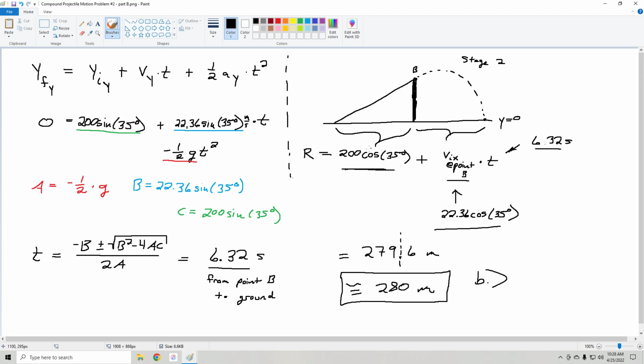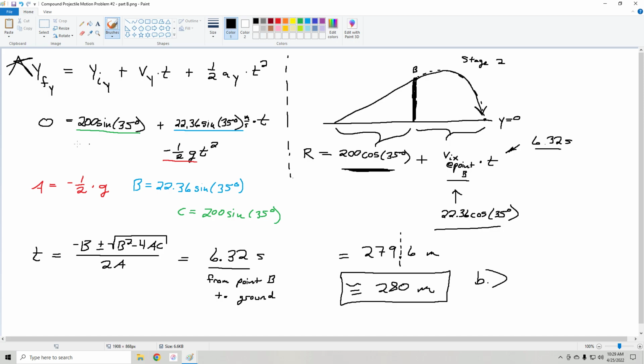And just to recap, what did we do? Well, we already knew that for the range, we had a partial answer already, the horizontal component of the inclined plane. And then we said that, hey, we can figure out the horizontal portion of the trajectory after point B if we use this equation here, and we figure out how much time it takes to get from point B down to the ground.